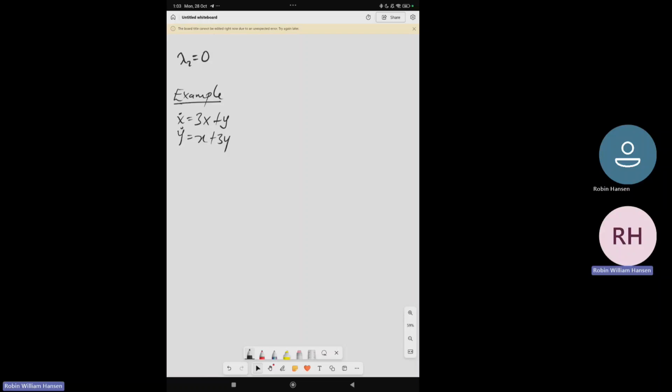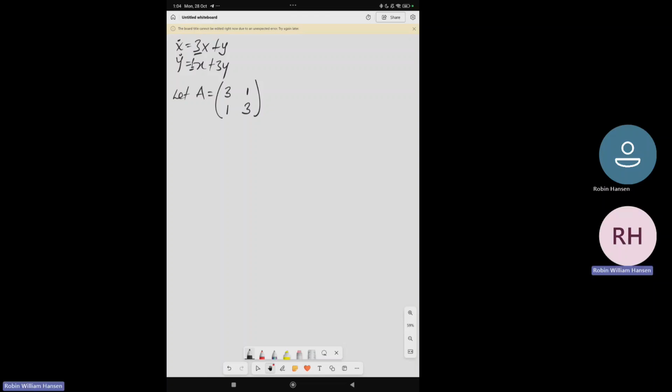In this way, we will write down our matrix. Let A be equal to, the first column will be 3, 1. The second column, we have 1, 3.